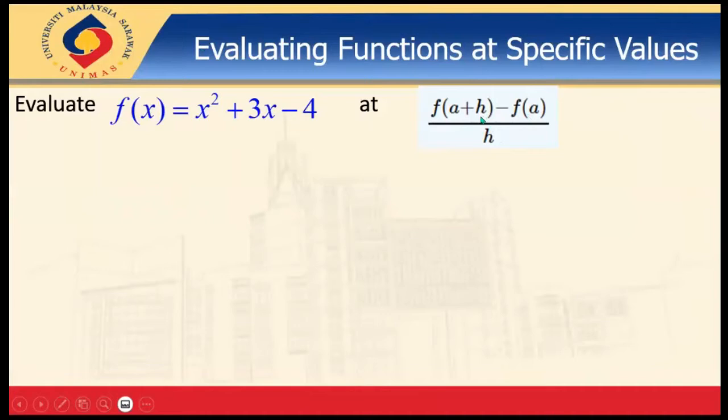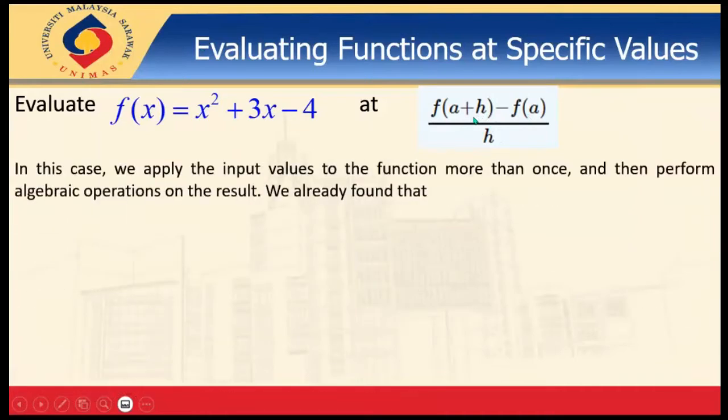Now h minus f of a over h. So this will be the input this time. So if this is the input, then we can do like this: f of a plus h and f of a divided by h. If you remember, we just calculated f of a plus h.